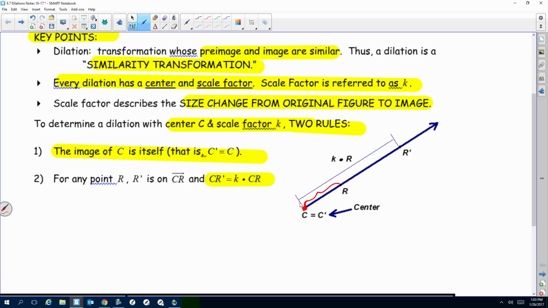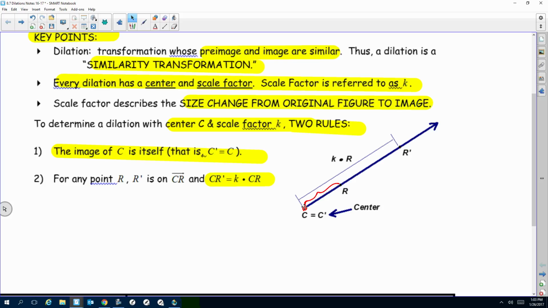So yesterday we also talked about what creates the dilation that's an enlargement versus a reduction. We're going to get into compressions, which talks about a stretch and shrink vertically or horizontally. So that's our key information.